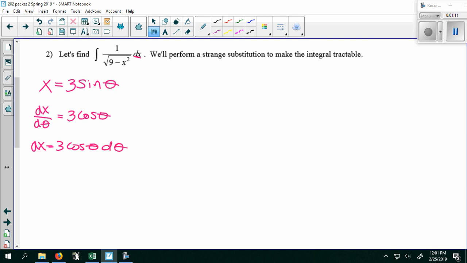Now I go back to my integral, and I'm going to replace all of the x's with 3 sine thetas. So I have the square root of 9 minus 3 sine theta squared, times dx, which I'm replacing with 3 cosine theta d theta.